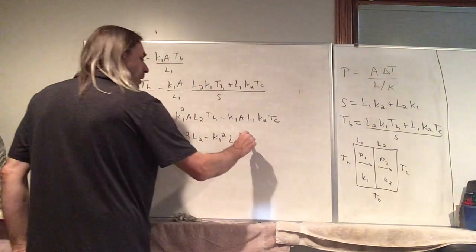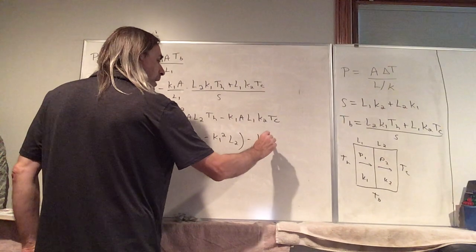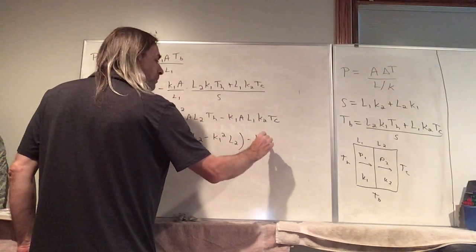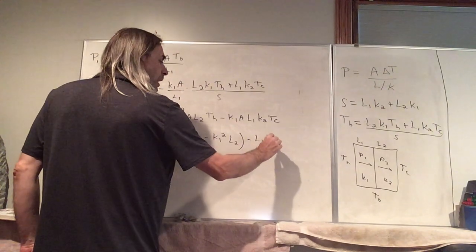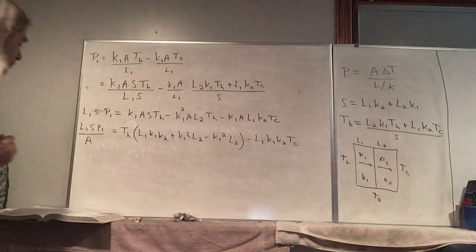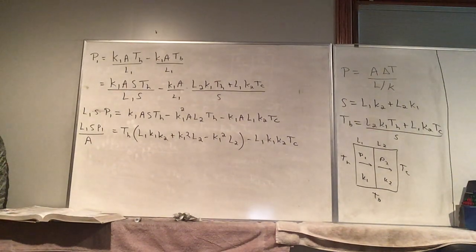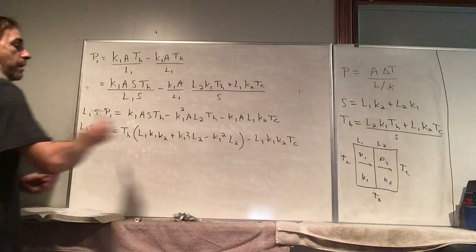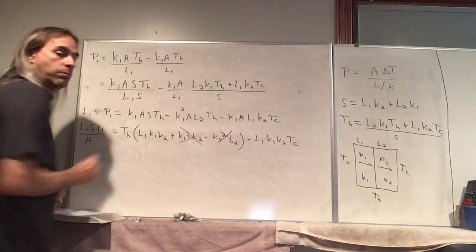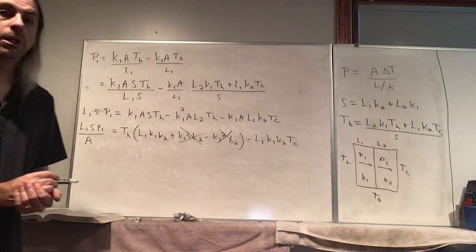And then we have minus L1, K1, K2 times TC. And something really nice happens here. These two terms cancel out. They're both K1 squared L2. So that was nice.